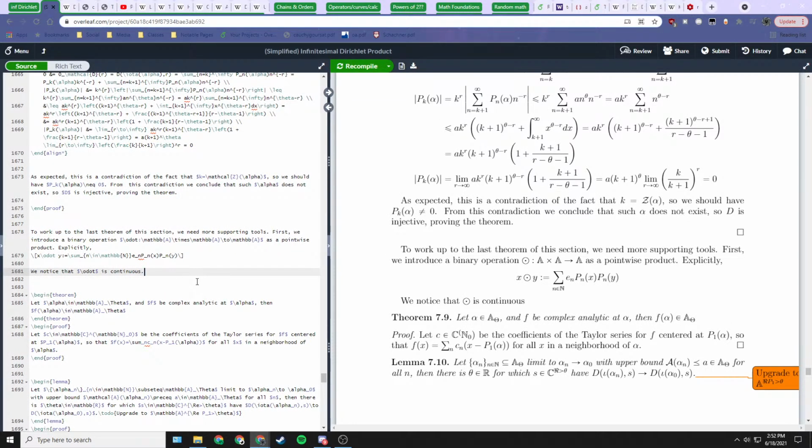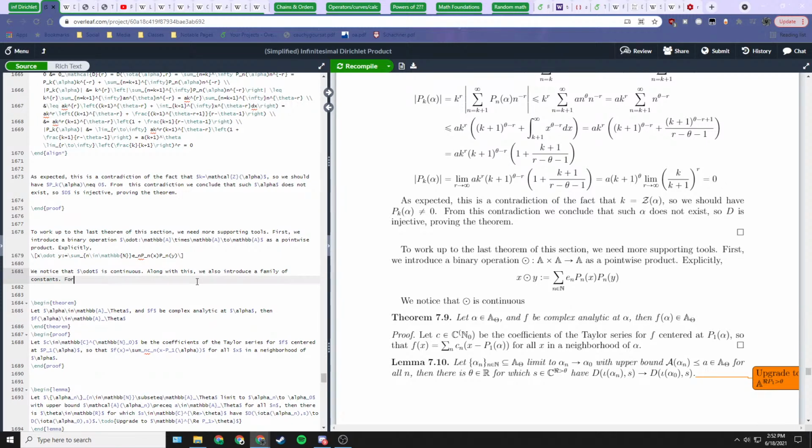Along with this, we also introduce a family of constants.